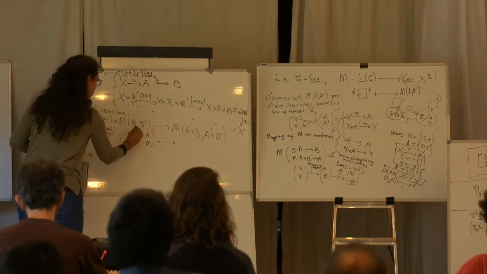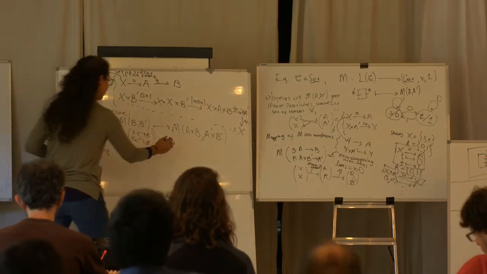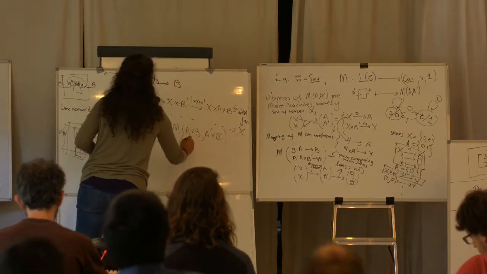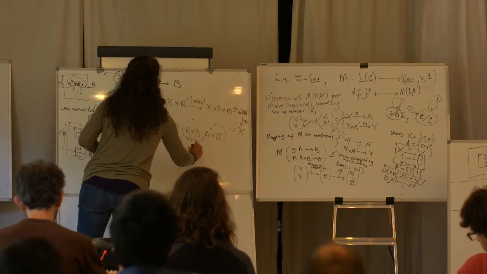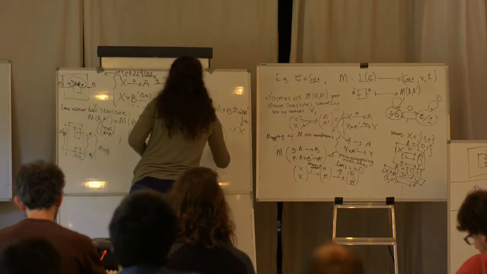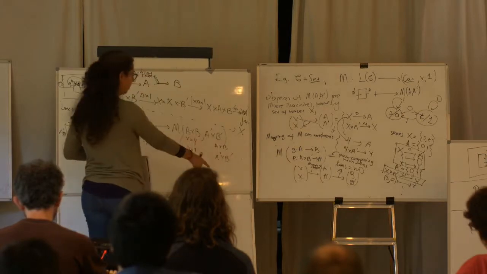You also have a function here and a function like this. So for the output, for example, you can have X times Y, and here have A times B and A prime times B prime, because this is how this looks.